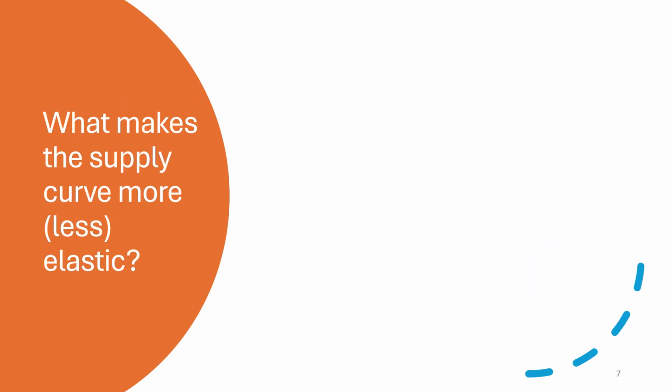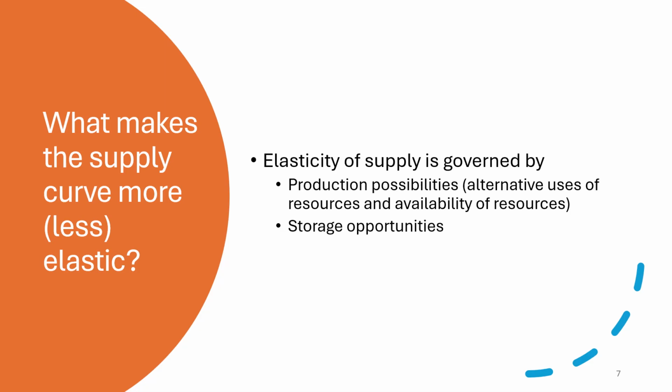So what affects the supply curve and the elasticity of the supply curve? We've already seen supply shifters in the supply and demand video. Here, we'll think about the elasticity itself and how it's governed by two things: production possibilities, so can you use resources in alternative ways or resources available, and storage opportunities. You can imagine first that there may be constraints in your ability to produce new supply that would create a more inelastic or steeper supply curve.